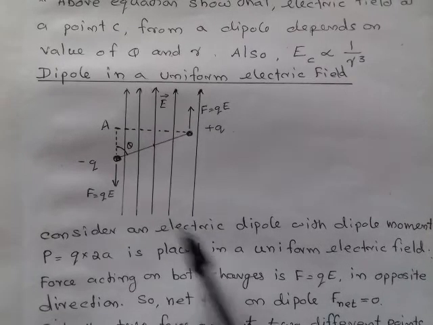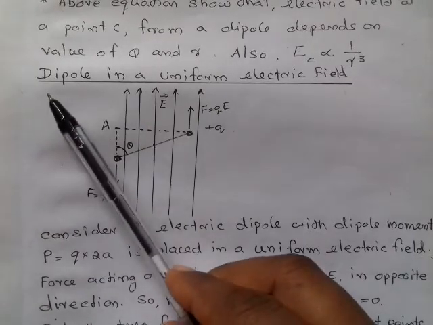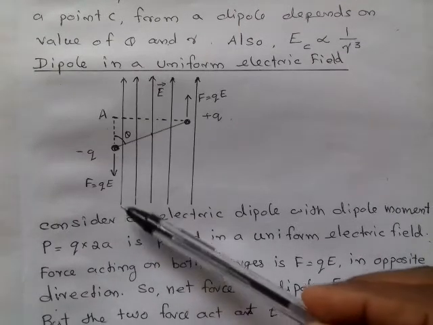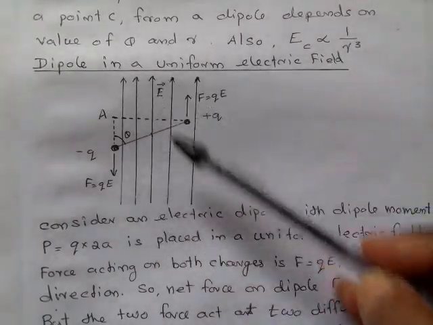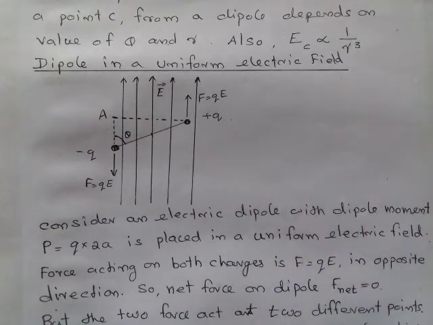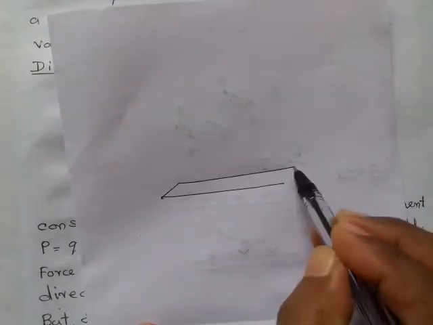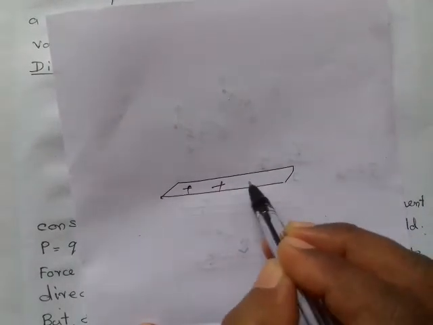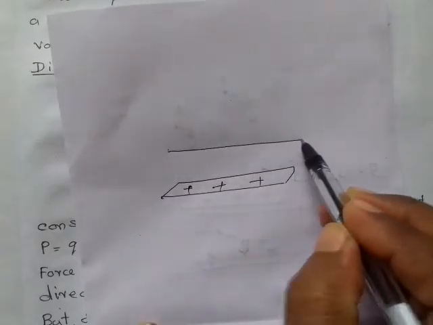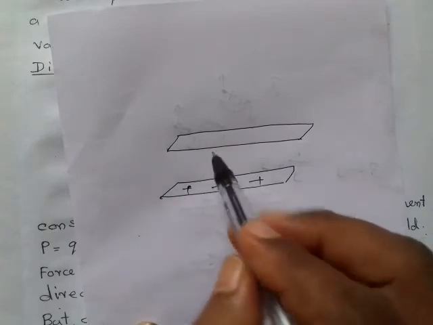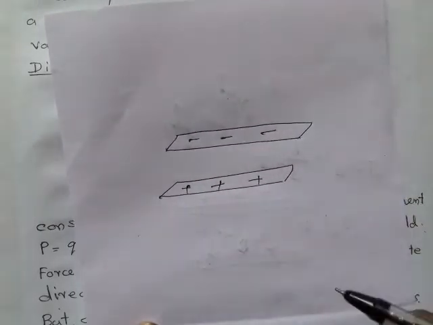Okay, now we move on to a new topic, that is dipole in a uniform electric field. A uniform electric field is shown like this with arrow lines. How is this uniform electric field formed? That can be practically formed by using two metallic plates. Suppose this is a metallic plate which is positively charged, and parallel to it we place another metallic plate with some air spacing, which is negatively charged.